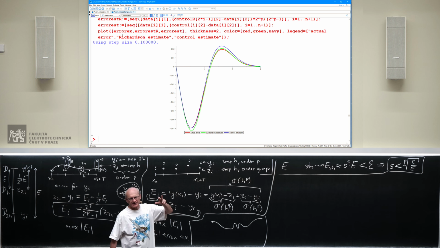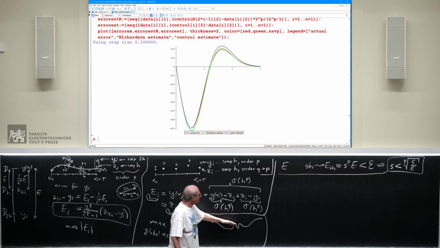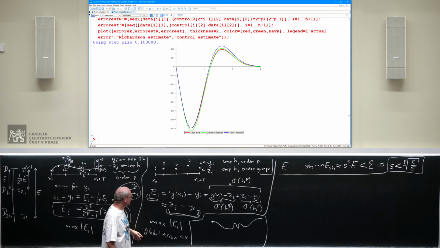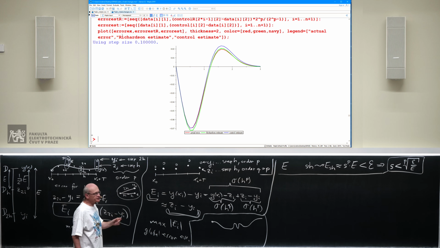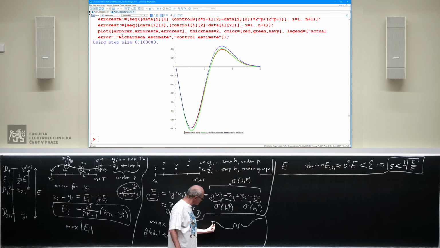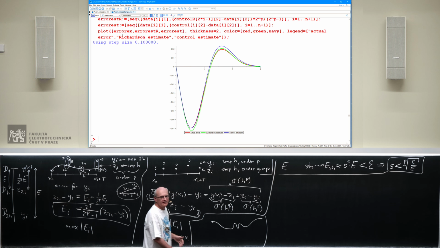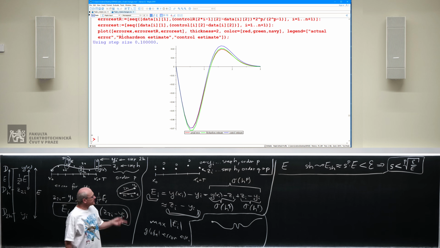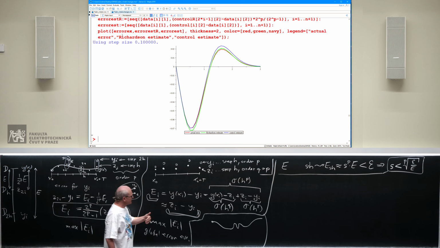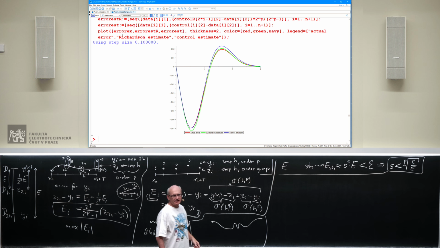And you pick a step size, you apply it, and you get an estimate for the global error, and you find that it's too large. So you have to use a smaller step size. But that means that you will have to use smaller step size everywhere, which is wasteful, because typically here you would have a larger error and here a smaller error. So it's much smarter to actually adapt the step size to the situation.